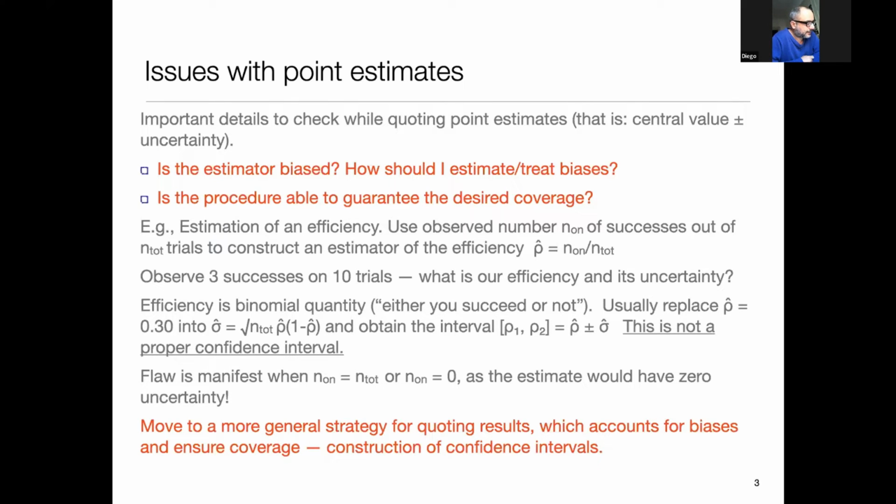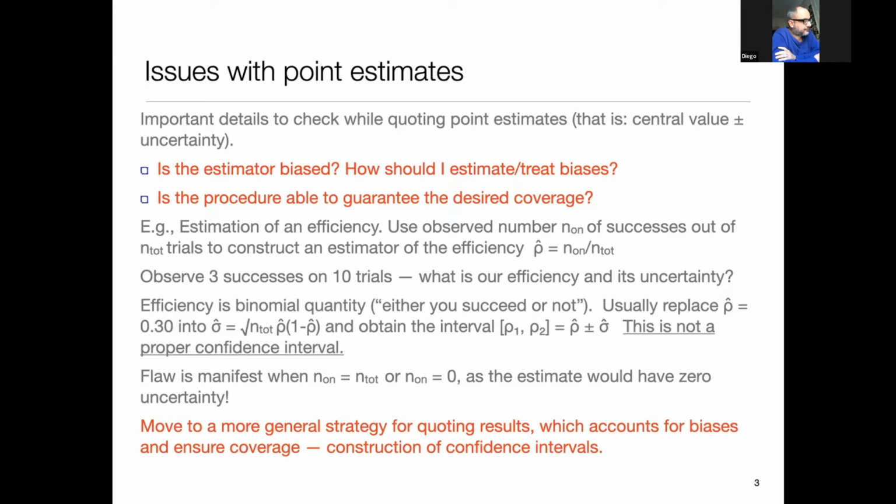That's it, nothing exotic. However, in quoting a point estimate there are important details that we need to make sure we understand, because otherwise we could mislead our peers who look at our result.